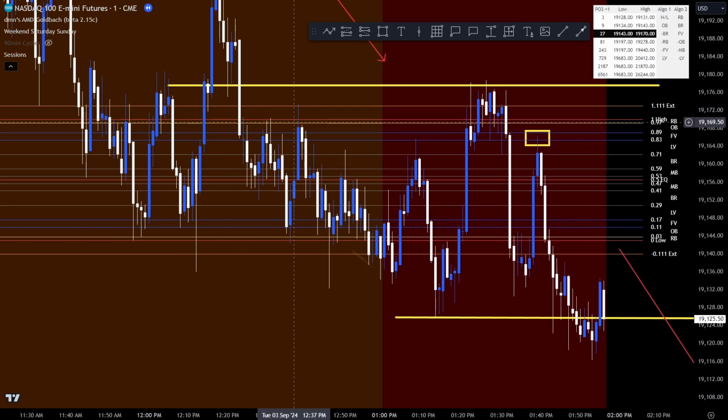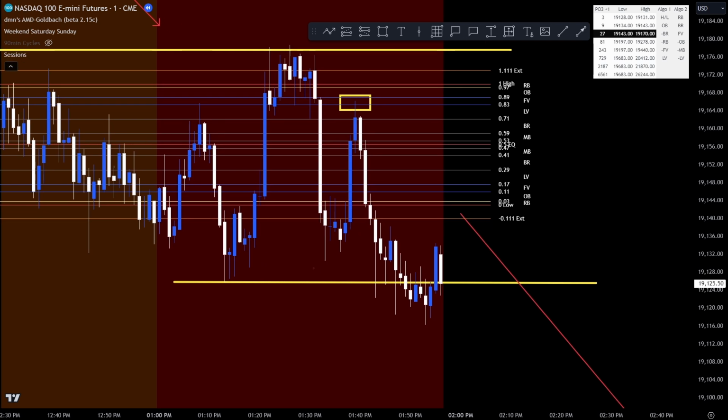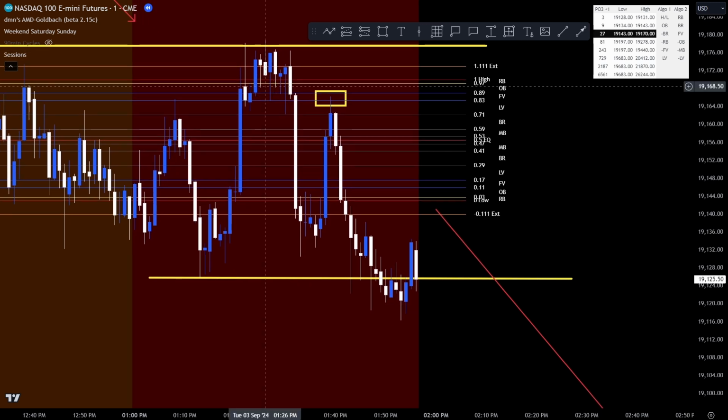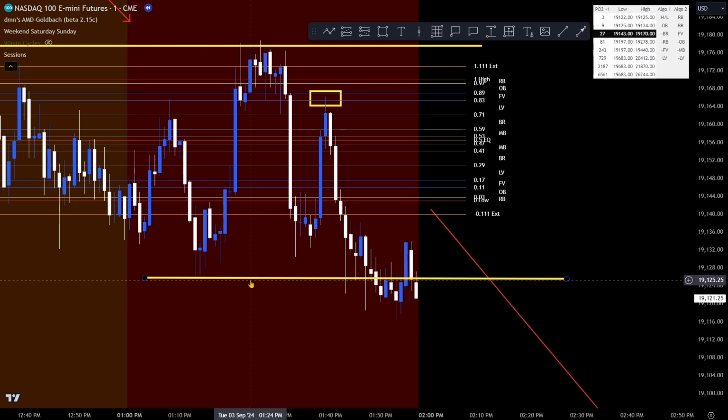All these different places. And again, we talked about the EXT level. That's the premium of the premium. It's consolidating on EXT and it drops down like that. Yeah, you could have easily taken a sell there and caught this move. And then got the pyramid off the fair value gap. Right down. Let's play it out.